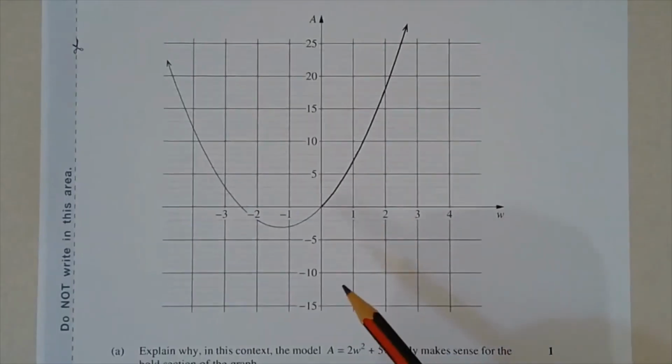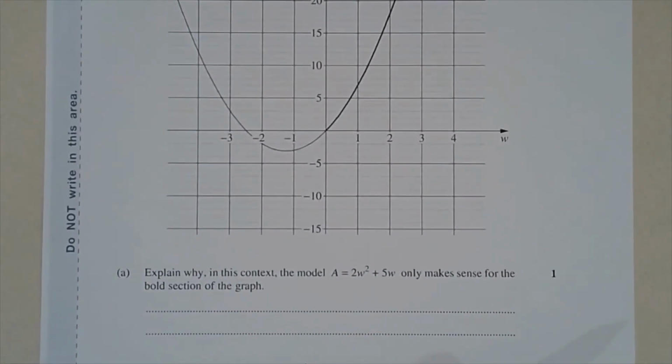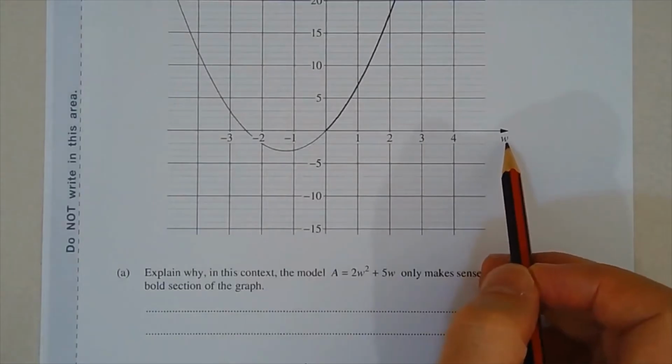Part A. Explain why in this context the model A equals 2W squared plus 5W only makes sense for the bold section of the graph. And I think if you look on the x-axis here, the W represents the width of a rectangle.